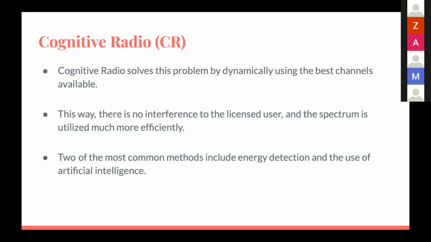Energy detection is just reading what's going on right now, seeing what channels are available to be used, and just picking one as you see it. And then the artificial intelligence way is using data outside of just, is there an open slot, and running it through some kind of algorithm to figure out what might be the best channel to use at this time. Next slide, please.